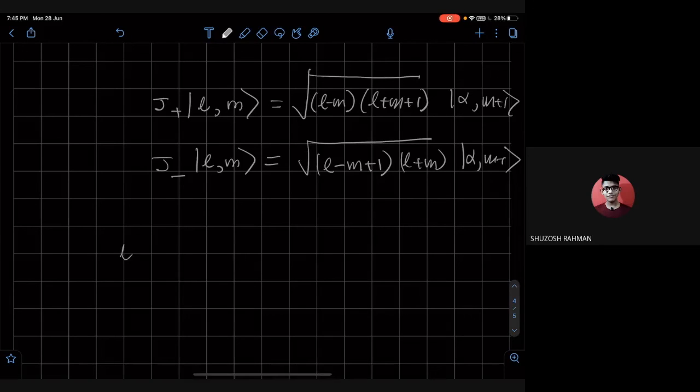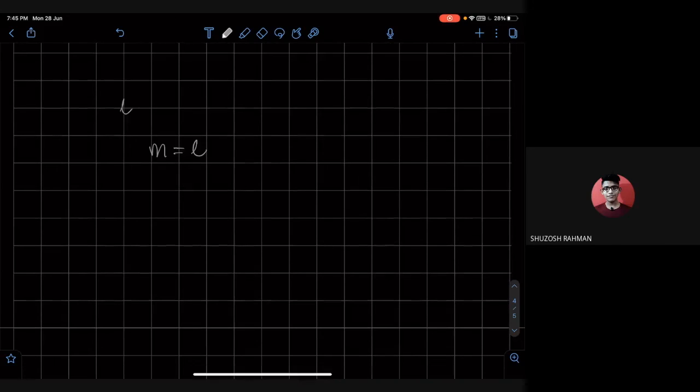So when it reaches the value of L, or 2L plus 1, is it? When m is L, that is the highest rung of the ladder. And when m is minus L, that is the lowest rung of the ladder. You go up the ladder by applying j plus, and you go down the ladder with j minus.